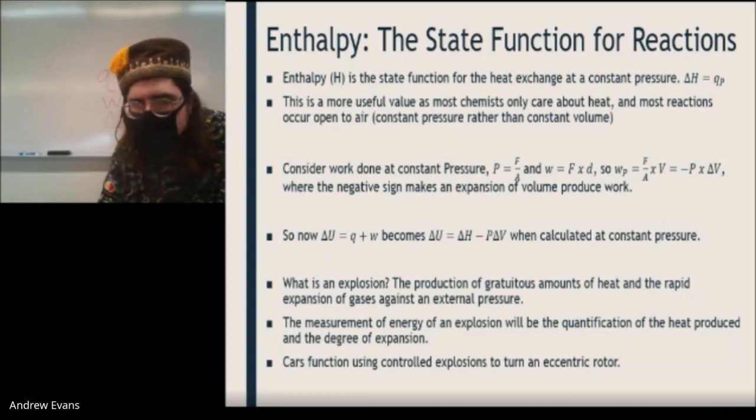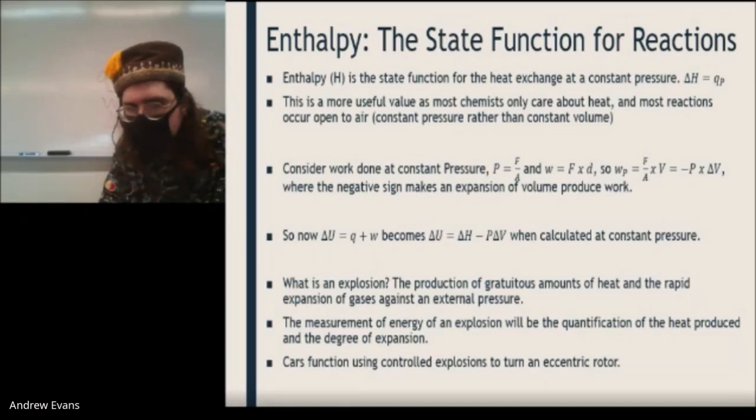So now our delta U, instead of being Q and W, can be delta U equals delta H minus P delta V. This is looking at that same equation, all under state function conditions. Now, this thing is essentially modeling an explosion. Because what is an explosion?